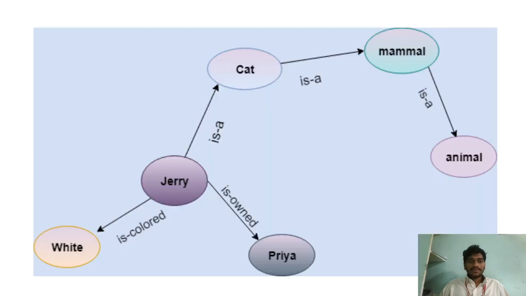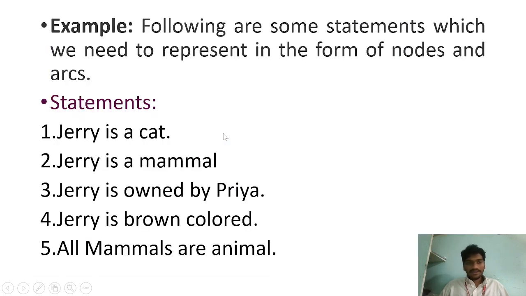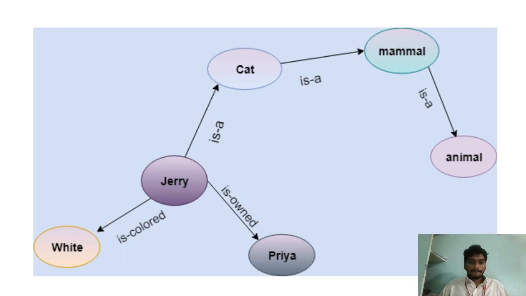So we define a relationship between Jerry and cat by the is-a relationship. The next statement is Jerry is a mammal. If Jerry is a cat and a cat is a mammal, from cat to mammal we draw an is-a relationship.